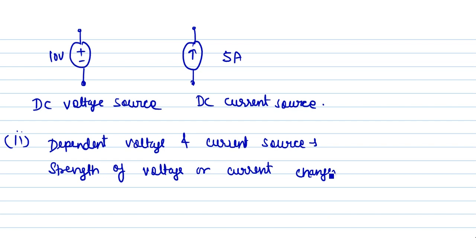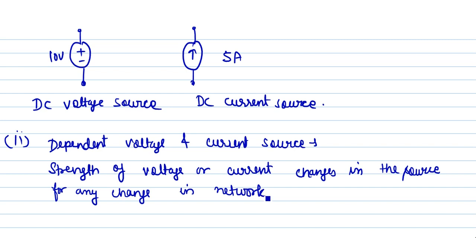This will be called as a dependent source, where the value of voltage and current will change in the source if there is any change in the circuit or elements that are connected in the network.